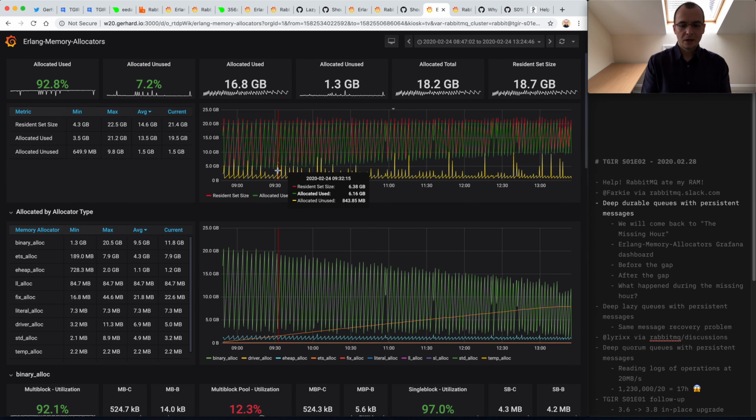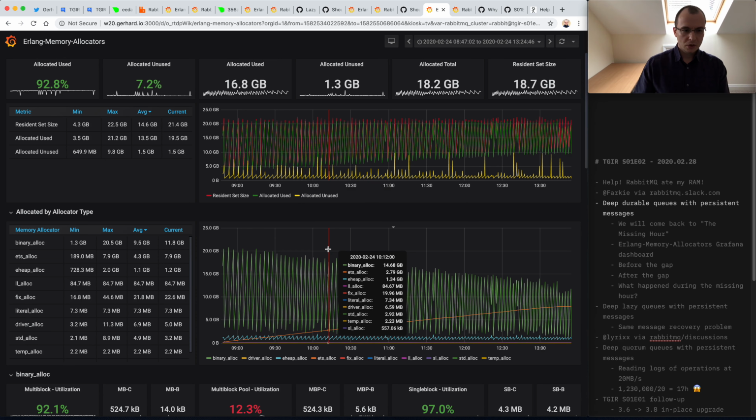There's always some memory which is unallocated, not even allocated as unused or used. It's just basically reserved in case it may need it, but it hasn't been given out yet from an Erlang VM perspective. It's available from an operating system perspective, but the Erlang VM is not using it. So it's somewhere in between the operating system and the Erlang VM.